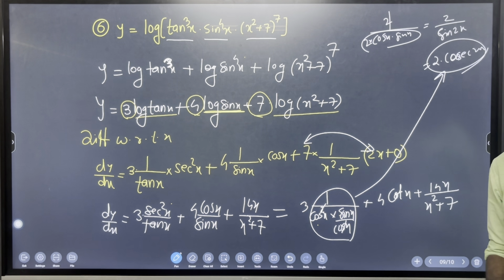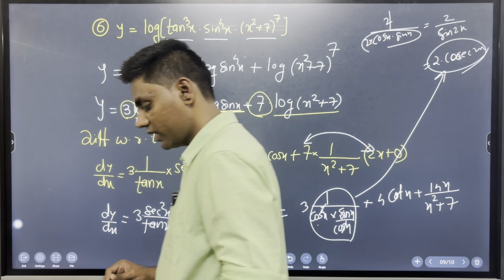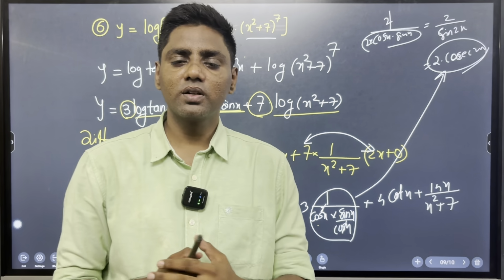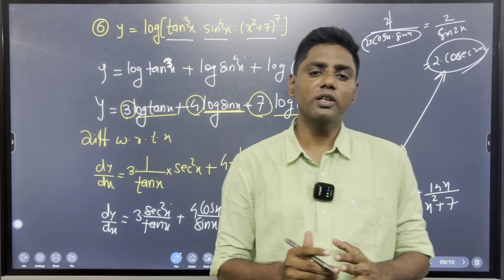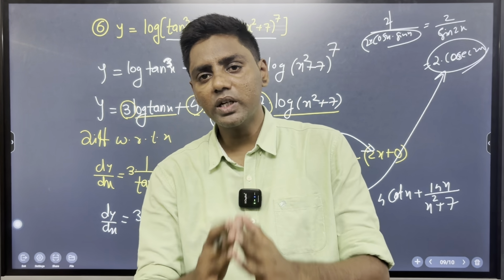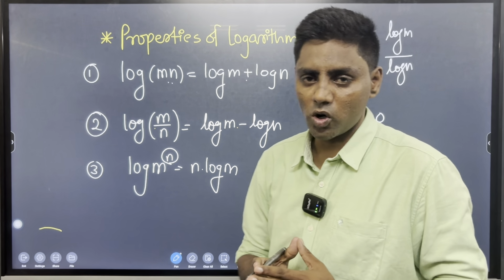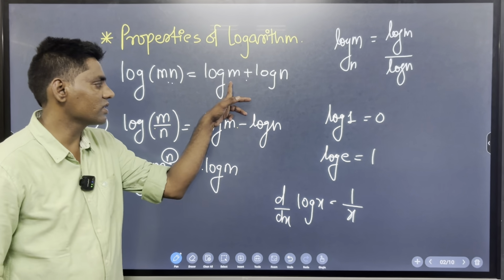Take a screenshot of the given questions and make a list of all the questions. Understanding today's concept, remember that all the questions we solved today used just the simple properties of logarithms, and only 3 properties are important. The first property: when the log has a product, write it as a summation.